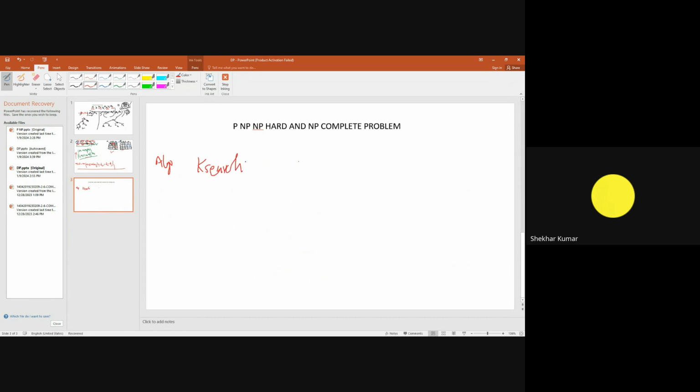This is a new algorithm to find an element in an array A. The size of the array is n, and the element is key. I have to find the element in this array. In the linear search, the complexity is n. I'm trying to write a non-deterministic algorithm. Suppose I have used one choice.